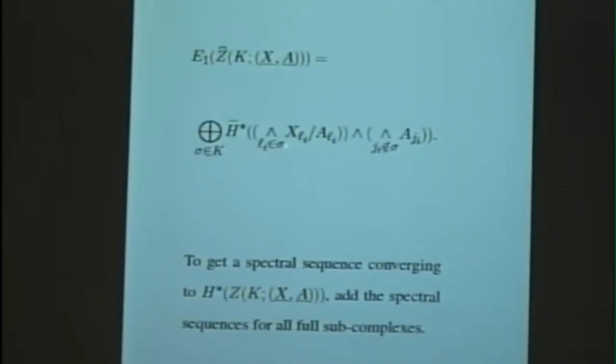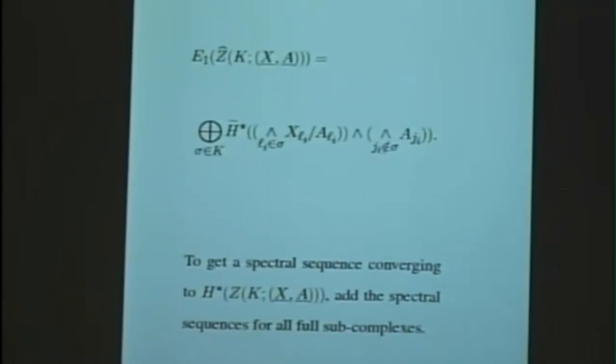Again, remember I mentioned we're going to see this pattern of certain spaces occur for vertices in a simplex and certain spaces occur for vertices not in a simplex. Well, here it is again. For every simplex in K, and I'm adding over all the simplices, I take a copy of the quotient X mod A for the vertices, and I take a copy of A for the non-vertices.